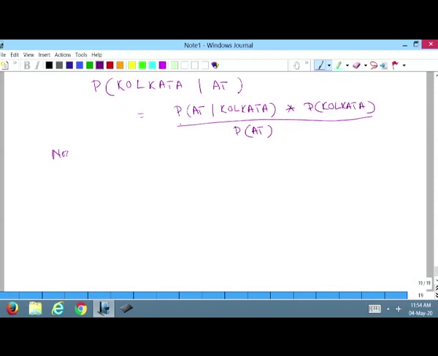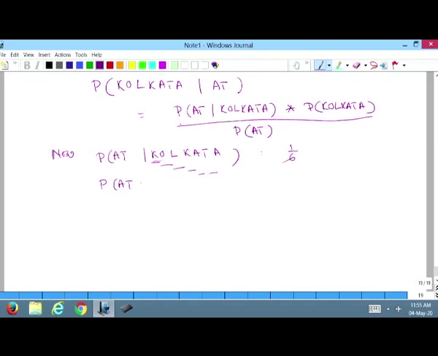Now, probability of AT given Kolkata is equal to, there are 1, 2, 3, 4, 5 and 6, there are 6 possible pairs of successive letters. Therefore, this probability is 1 by 6.